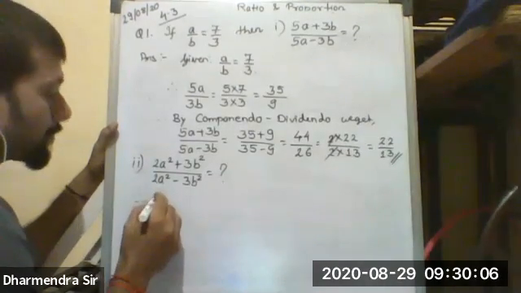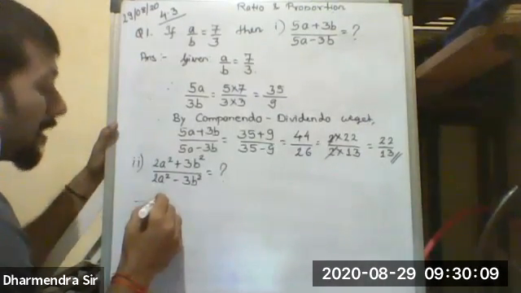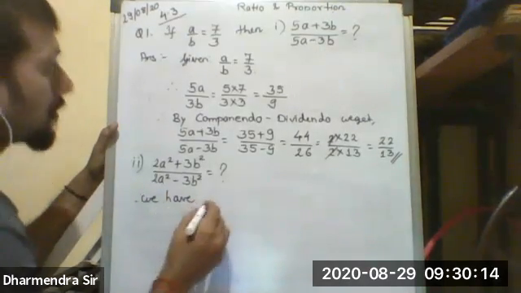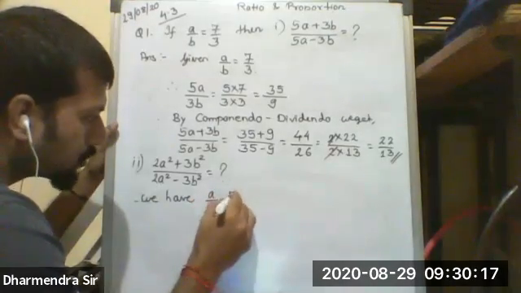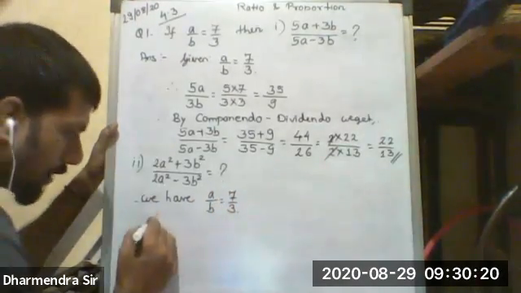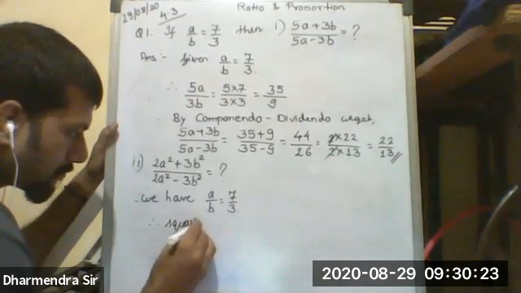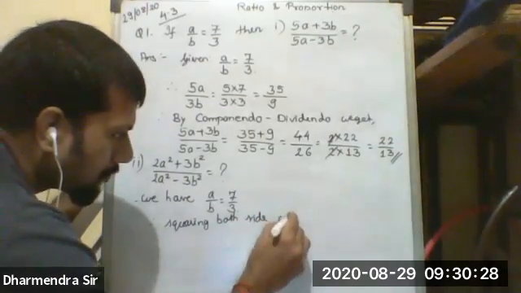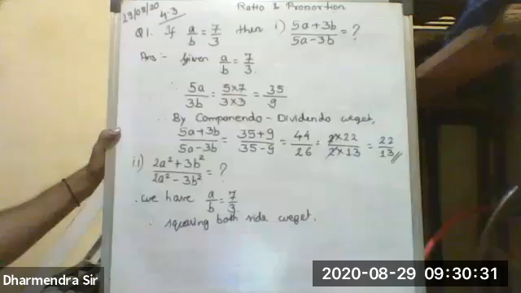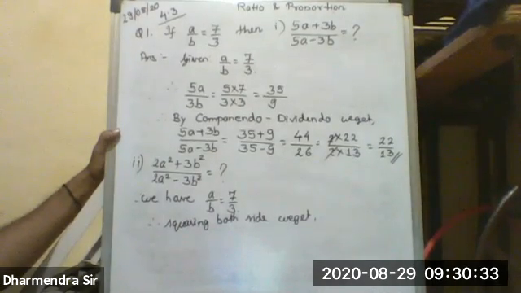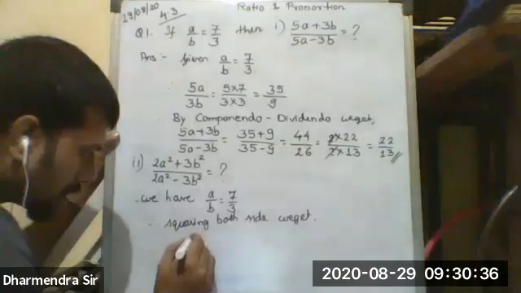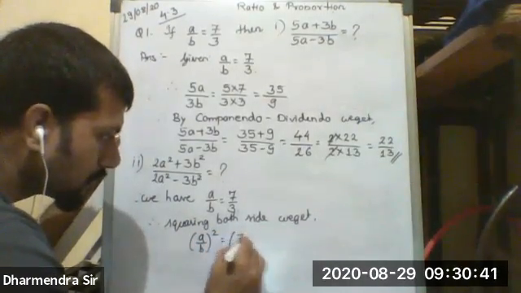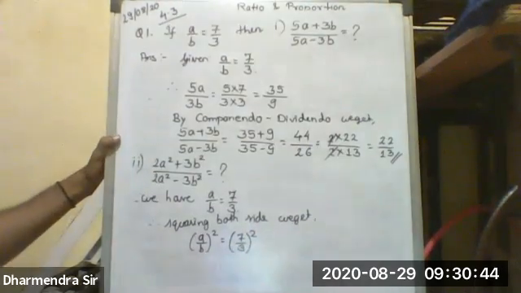Therefore, we have a by b equal to 7 by 3. Therefore, squaring both sides, we get a by b whole square is equal to 7 by 3 the whole square.